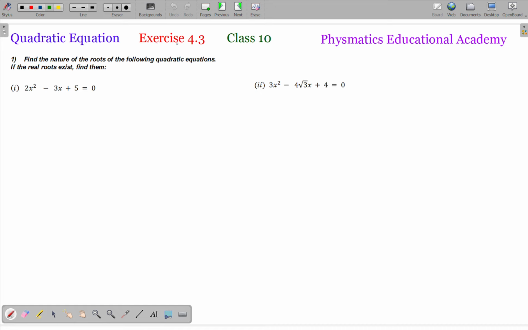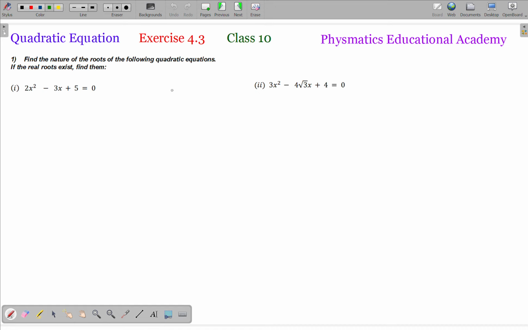Now in exercise 4.3 we will use this nature of roots concept, and we try to solve these questions under 4.3.